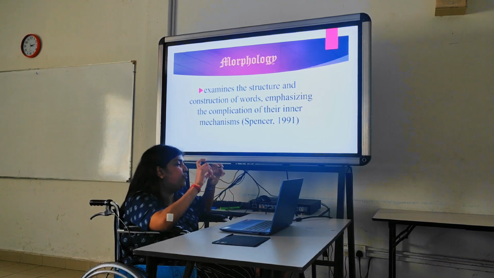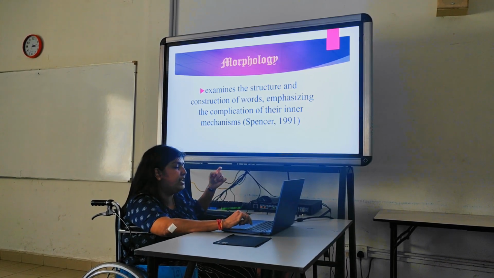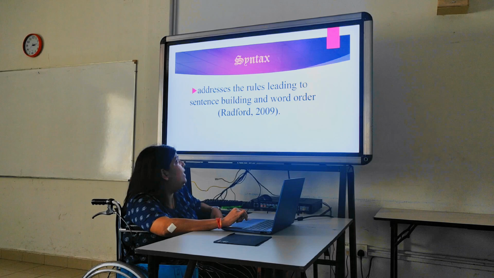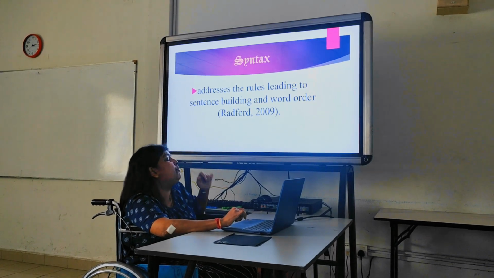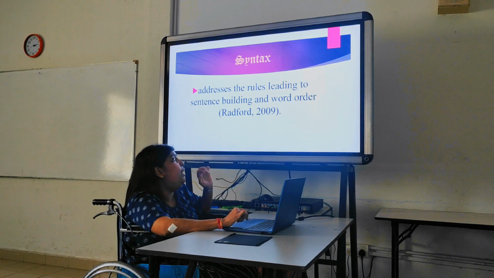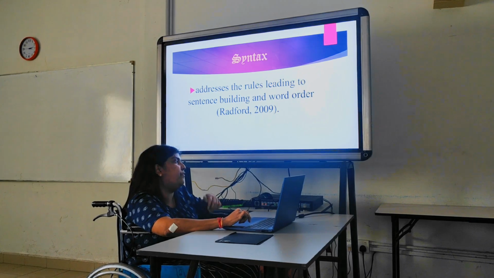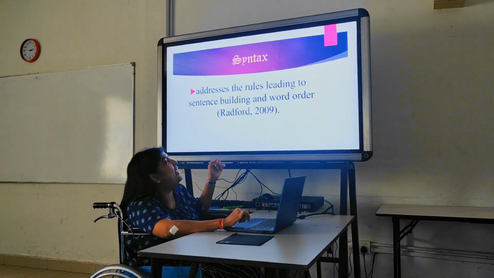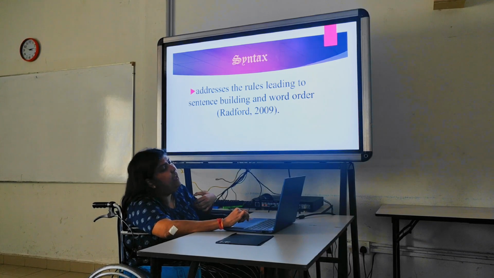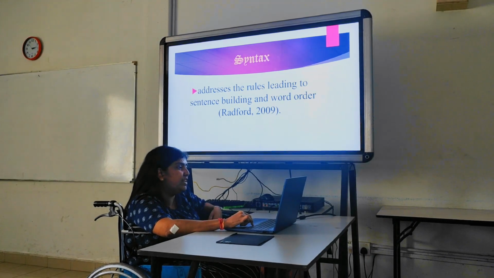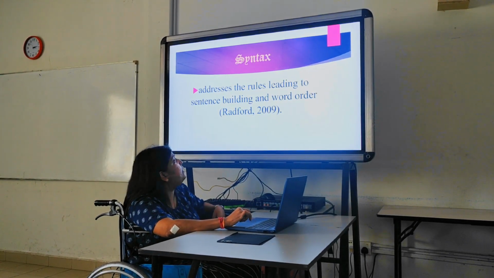How do we put words in order and everything? That is morphology. And the last one is syntax. Syntax gives importance mainly to the grammar rules. When we give more importance to these four components, we can acquire the language easily and we can use it in our daily life.